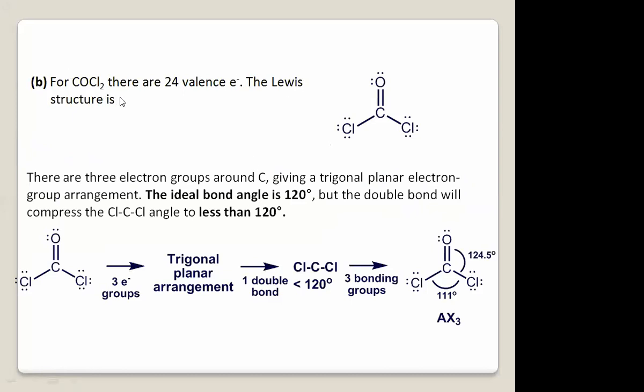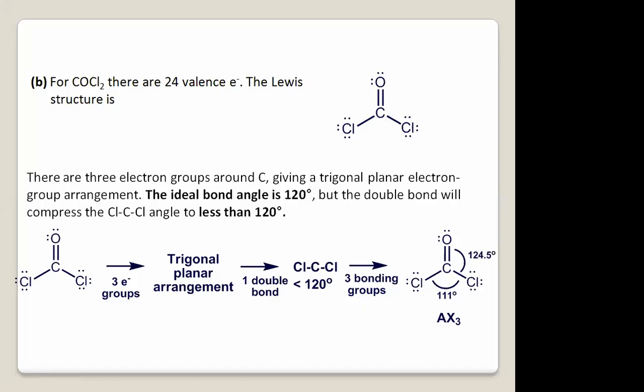Now, in the case of COCl2, you have a double bond. The double bond is the one playing the role here. In this case, it is a trigonal planar structure because it's sp2 hybridization.